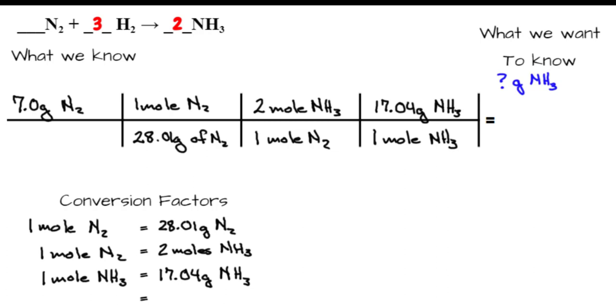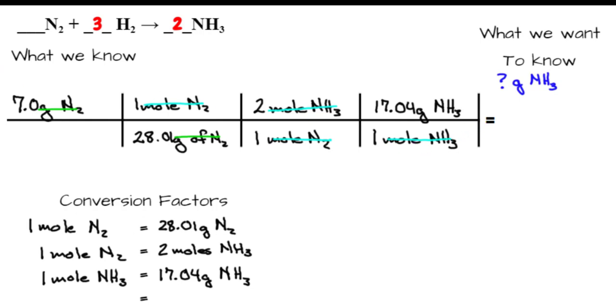And I do this so that grams cancels with grams, and moles cancels with moles of nitrogen, and then moles of NH3 cancels with moles of NH3, leaving me in grams.